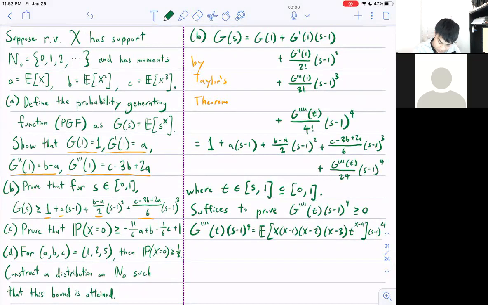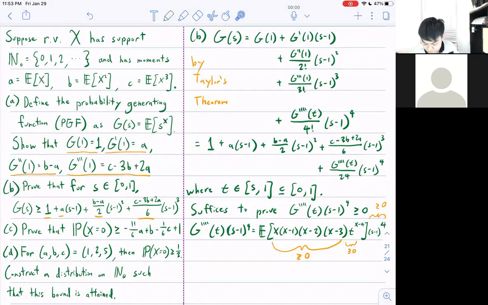Because if you evaluate each one of these expressions, this thing right here is greater than or equal to 0, because we are given that t is an element of s and 1, which is a subset of 0 and 1. This thing right here is also greater than or equal to 0 because it's something to the fourth power. And then this thing right here is also greater than or equal to 0.